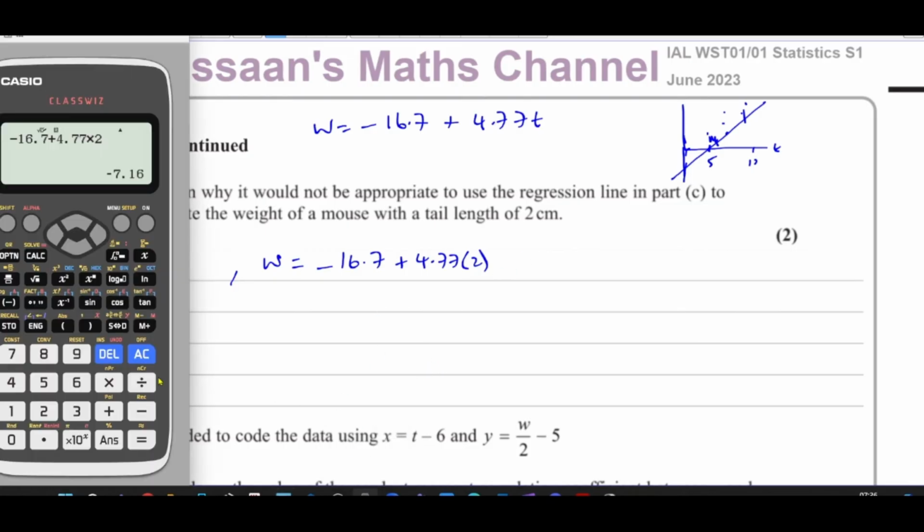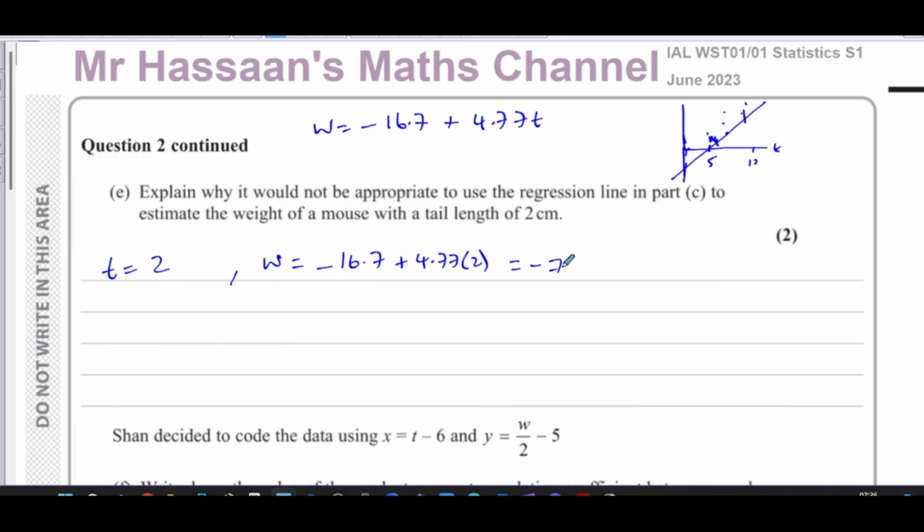If we work out what this is going to be, it's negative 16.7 plus 4.77 times 2, which gives us negative 7.16, so that's negative 7.16 grams.